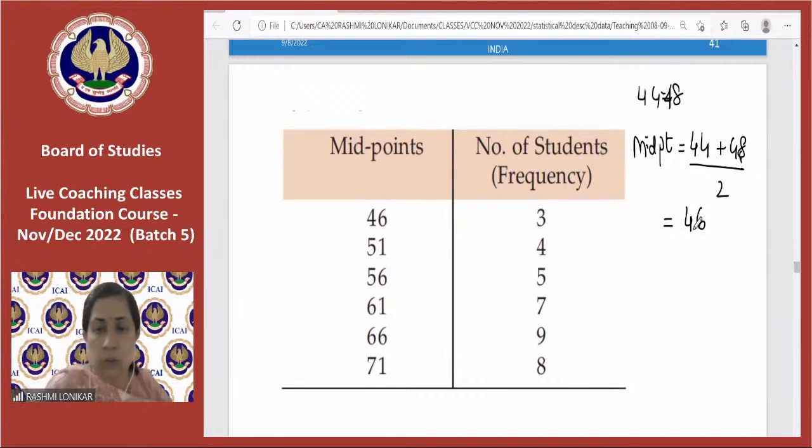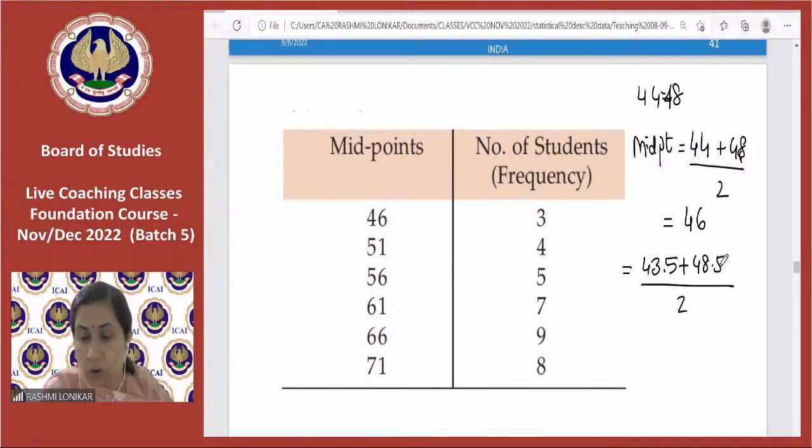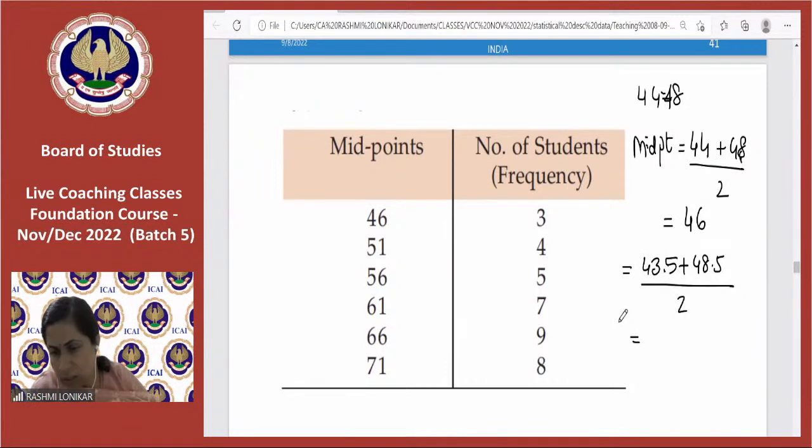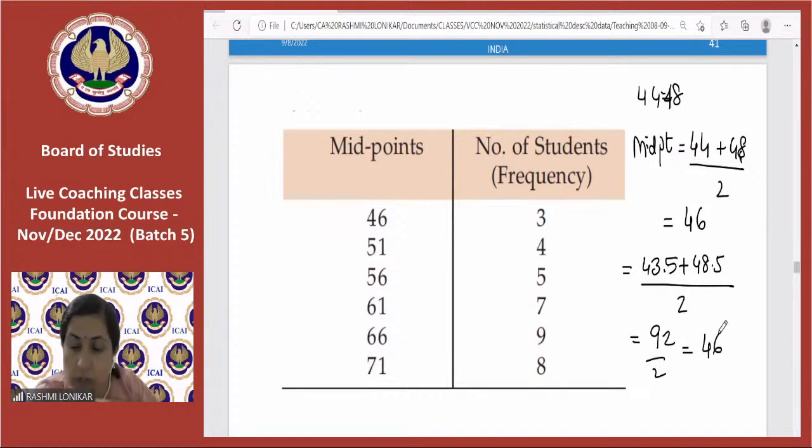What if I use class boundaries? This is the class limit. Now if I use class boundaries, what is the class boundary of the first class? 43.5 plus 48.5 upon 2. 43.5 plus 48.5 is 92, upon 2, which is equal to 46.